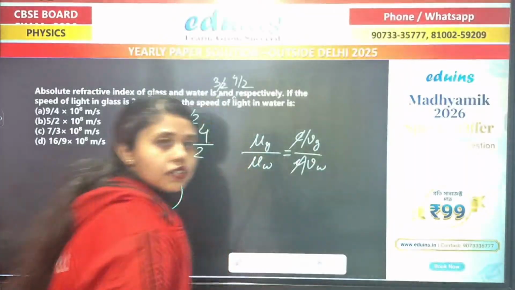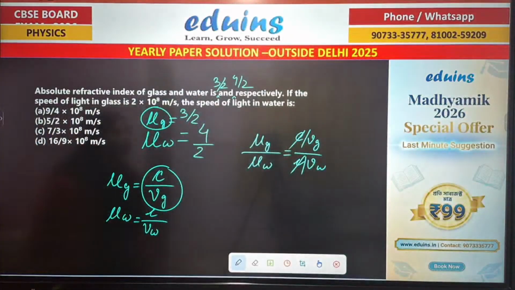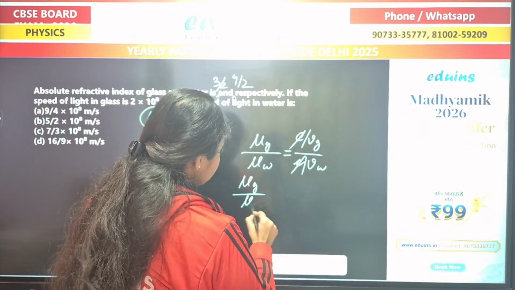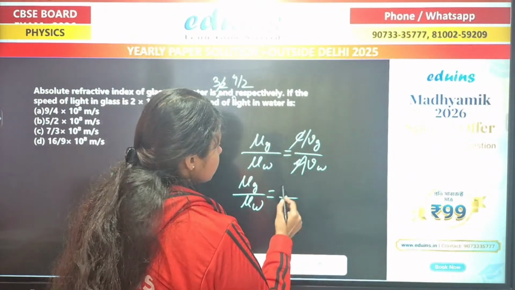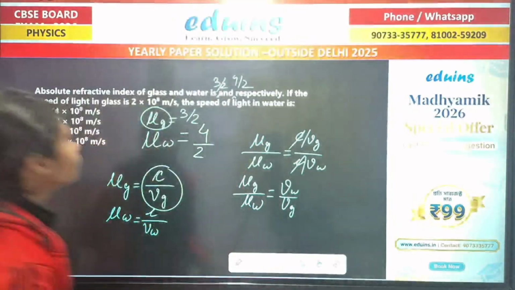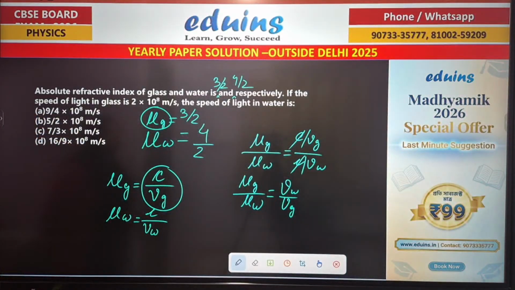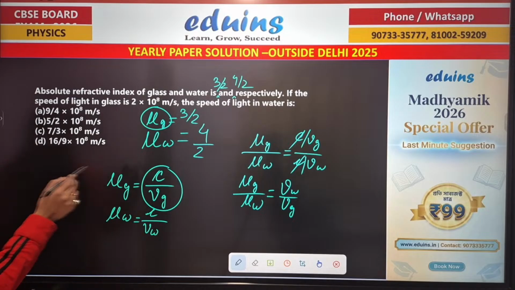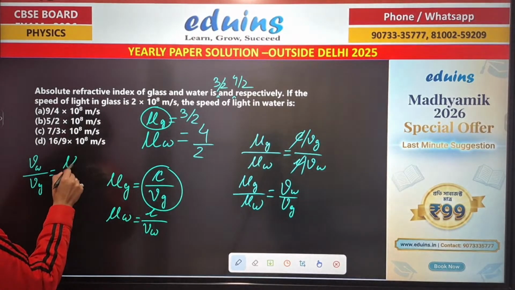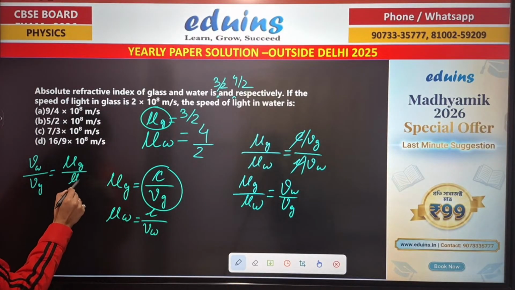So C is eliminated. Now mu g by mu w is equal to Vw by Vg. So the speed of light in water is the question. So Vw is the question. We don't know Vw. So Vw by Vg is equal to mu g by mu w.